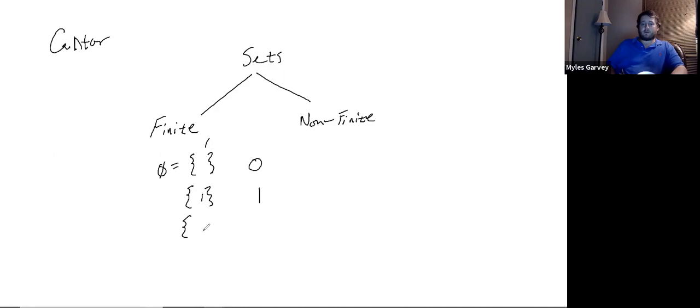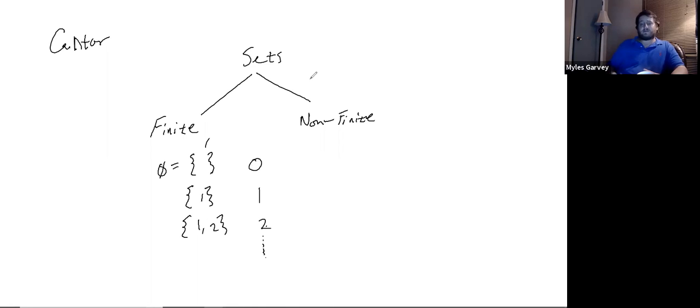What about this set? Obviously there's 2, and so on and so forth. So for finite sets, understanding how many things or how much stuff is in these sets is frankly just easy.